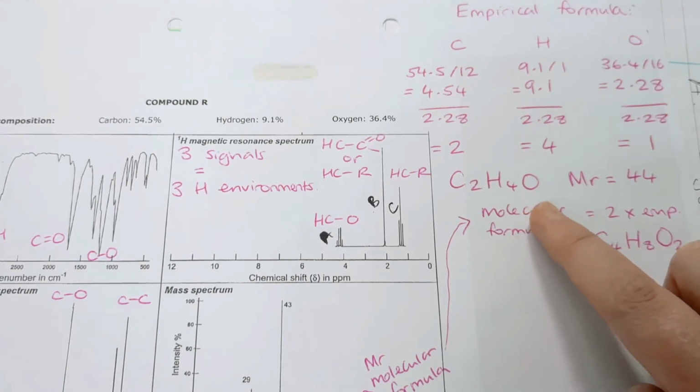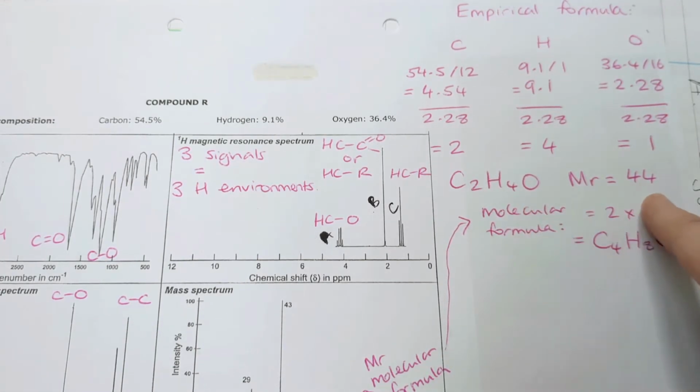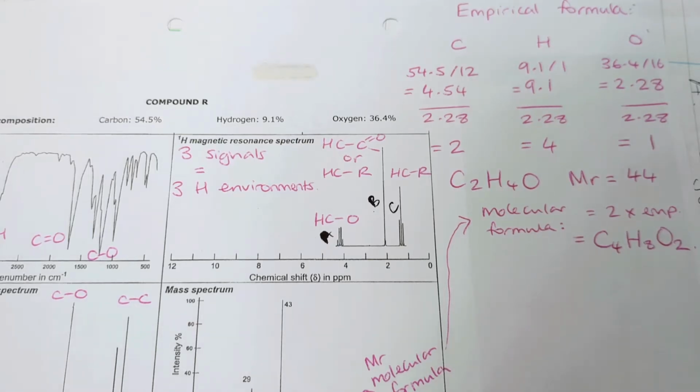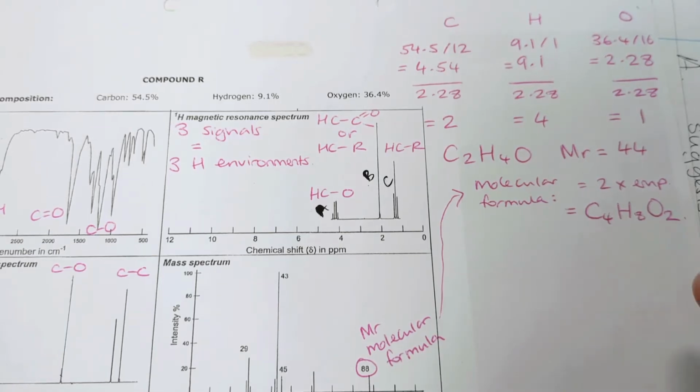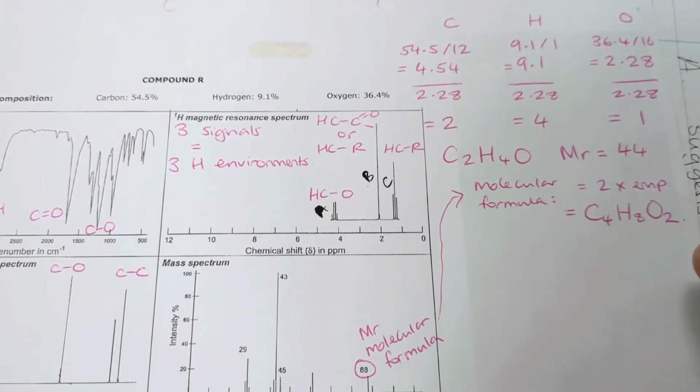So we've worked out the molar mass of the empirical formula to be 44, while the molar mass of the actual formula is 88, which is twice that. That means the molecular formula must be 2 times the empirical formula. So it must be C4H8O2. We can see we have 2 oxygens in this unknown compound, and we can start thinking about functional groups that it could possibly be.